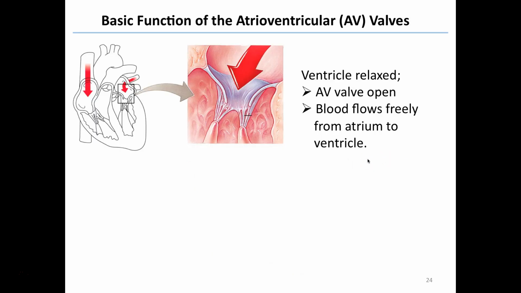This slide shows the operation of the AV valves. When the ventricle is relaxed, the AV valve is open. So blood flows freely from the atrium to the ventricle, as we can see here.